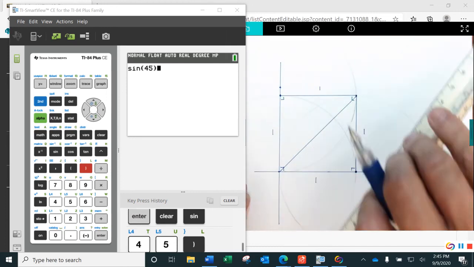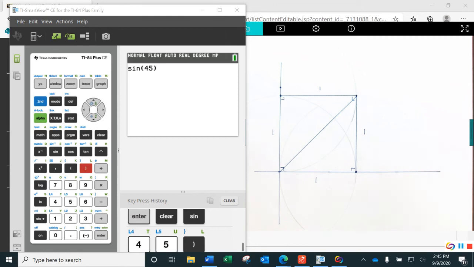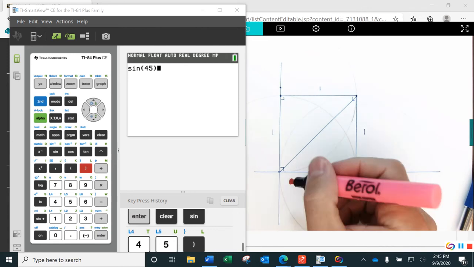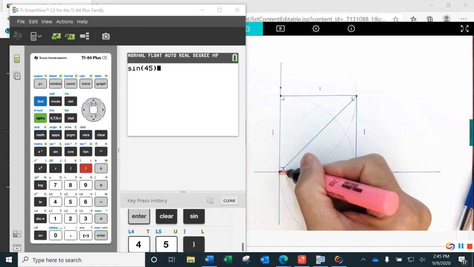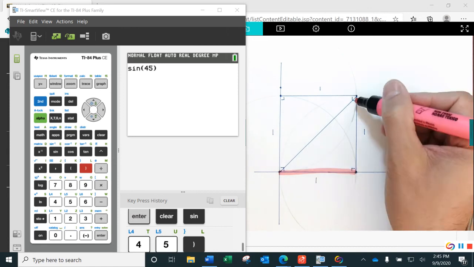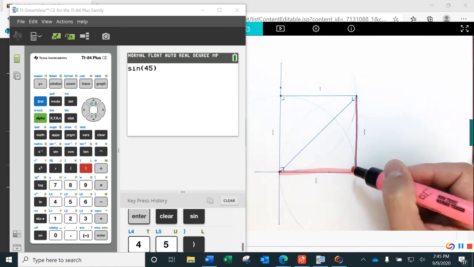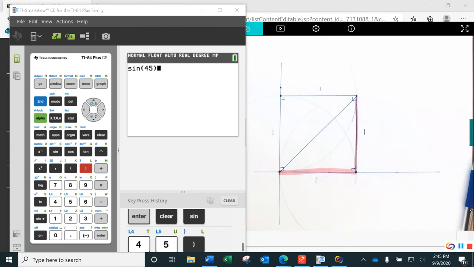There we go. Now what I have is a right triangle with length 1. I'll use pink this time. Length 1 and some hypotenuse.